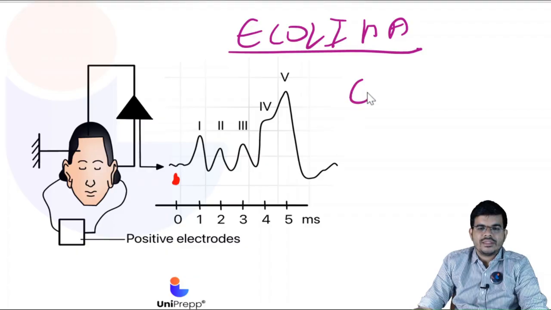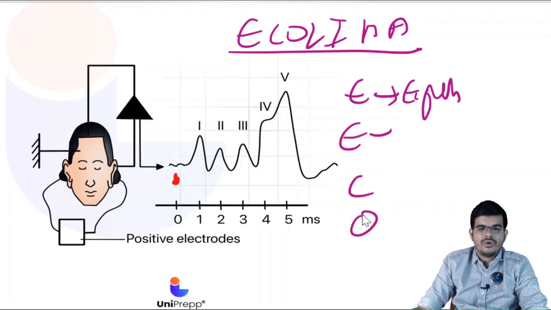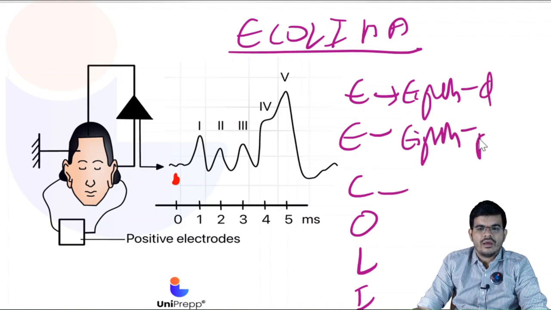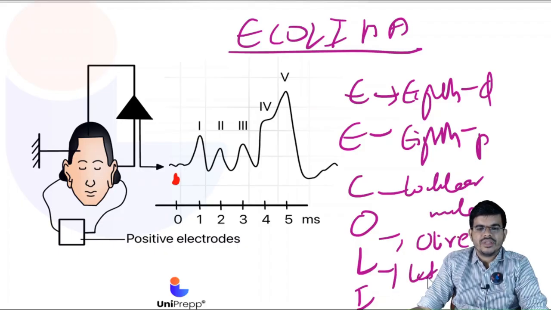And here it is, 8th nerve. Wave 1 is the 8th nerve distal part, then you have the 8th nerve proximal part, then you have the cochlear nucleus, then you have the olivary complex, lateral lemniscus, and inferior colliculus.